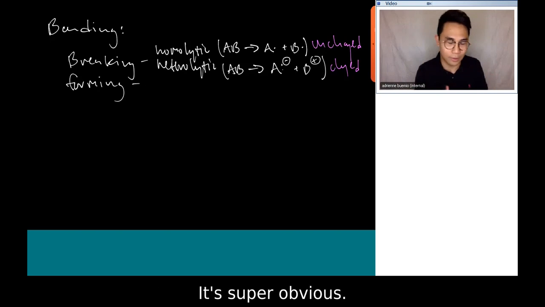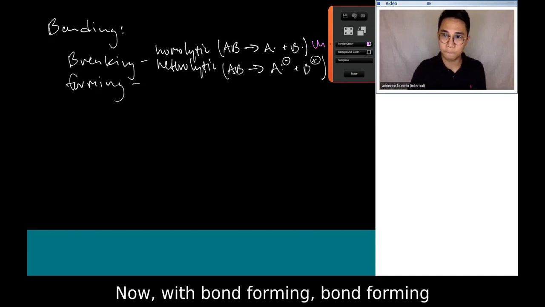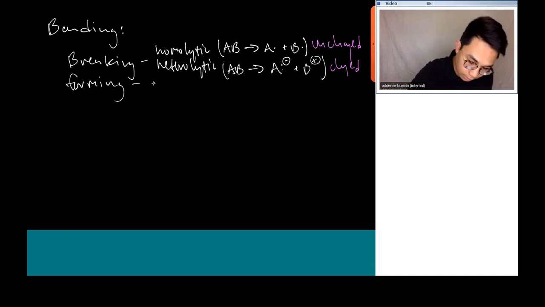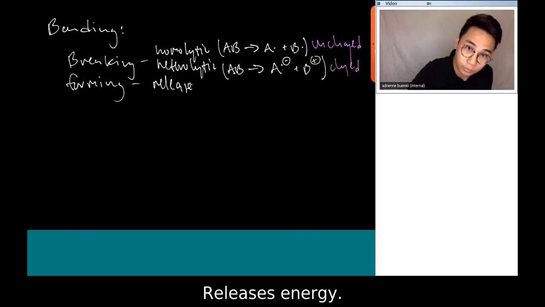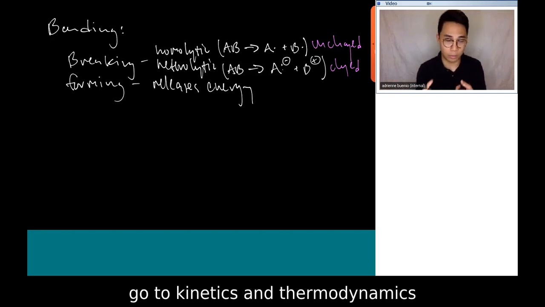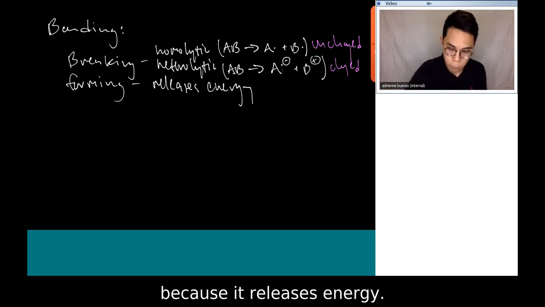It's super obvious. Now with bond forming, bond forming always releases energy. You'll see later, when we go to kinetics and thermodynamics, that it's exothermic because it releases energy.